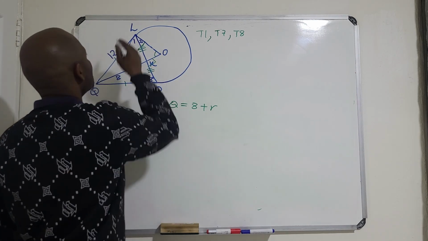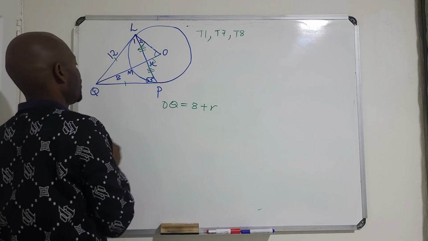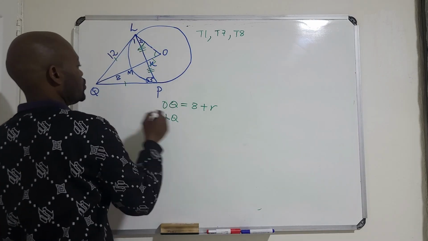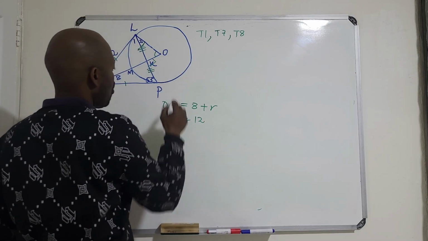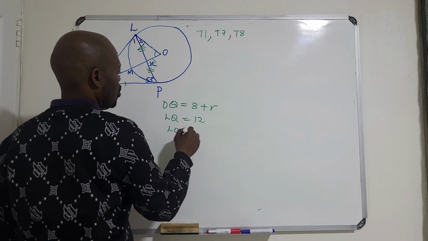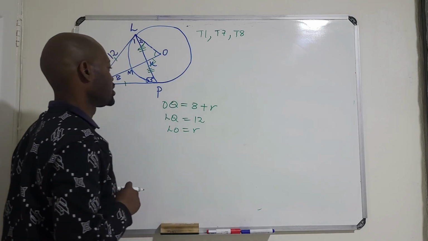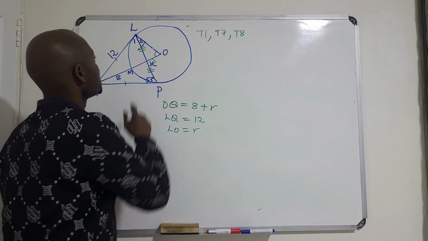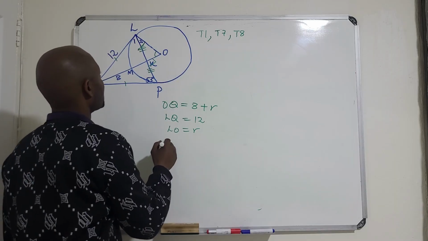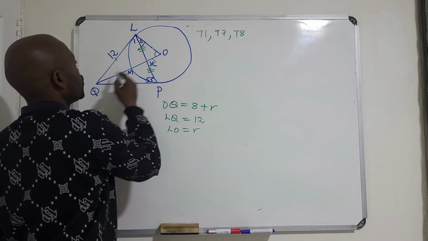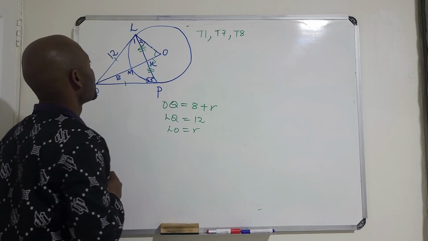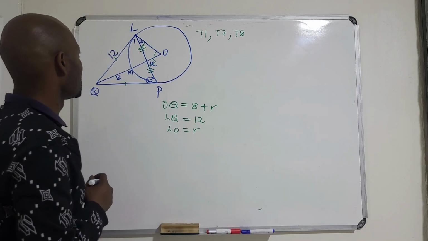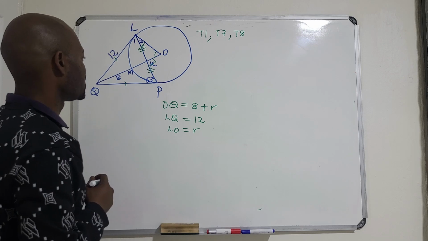We do have LQ, which equals 12, and we do have LO, which equals the radius. Since triangle LQO is right-angled, we can use Pythagoras theorem to solve for the radius.